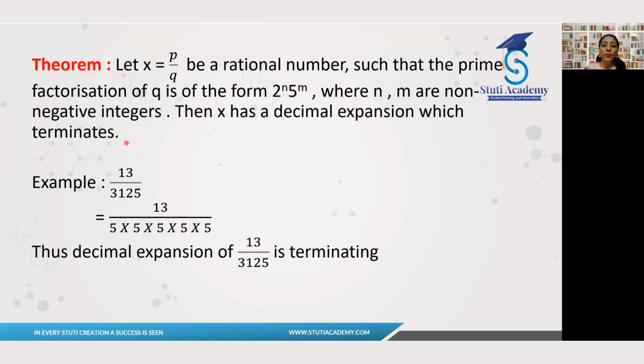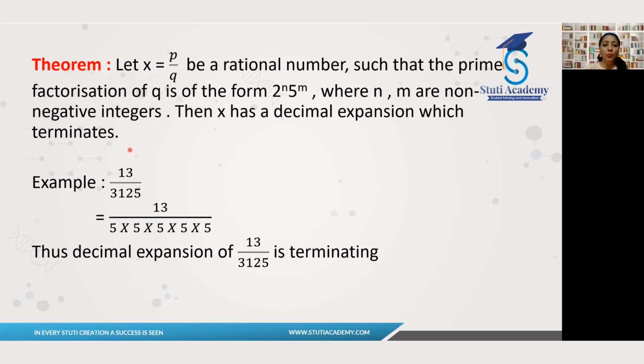In this case, we are going to prime factorize the denominator q. If the denominator q has prime factors 2 or 5 or both and nothing else except that, then we can conclude that x has a terminating decimal expansion.